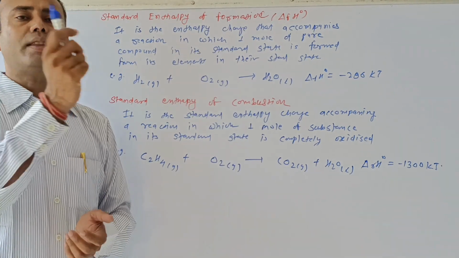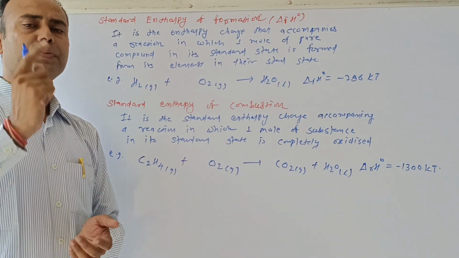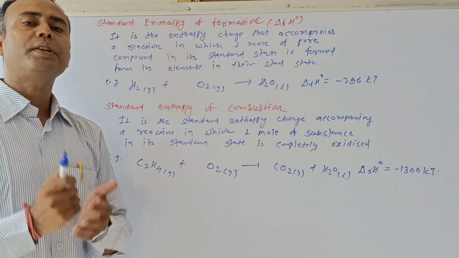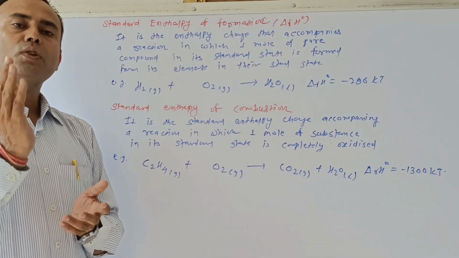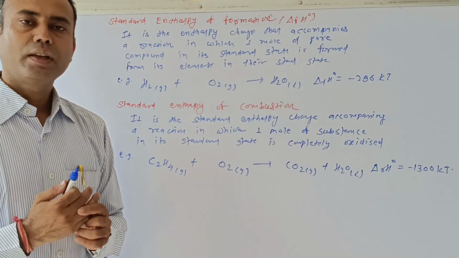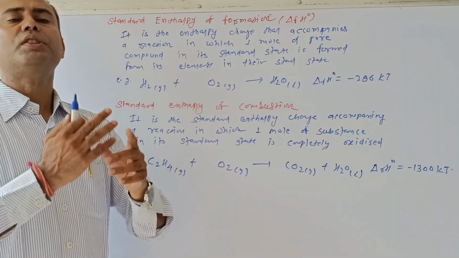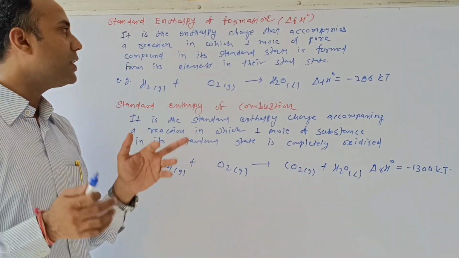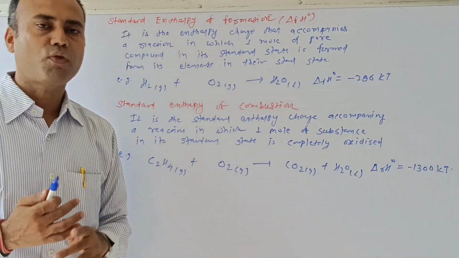Means it is the enthalpy change when 1 mole of substance is formed from its components, which are also in their standard state. Then some enthalpy change is associated and that is called the standard enthalpy of formation.